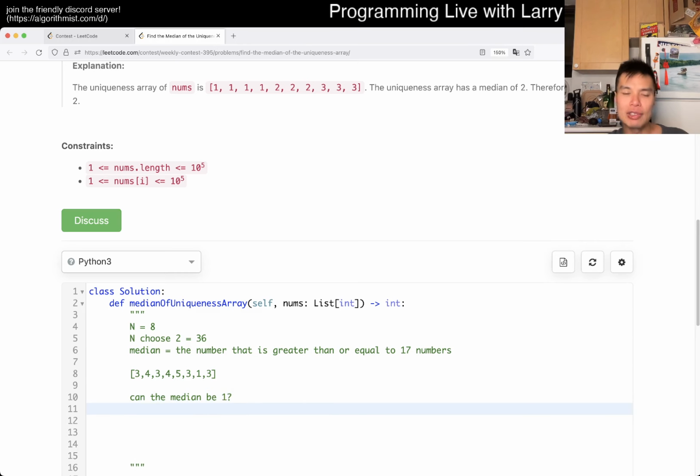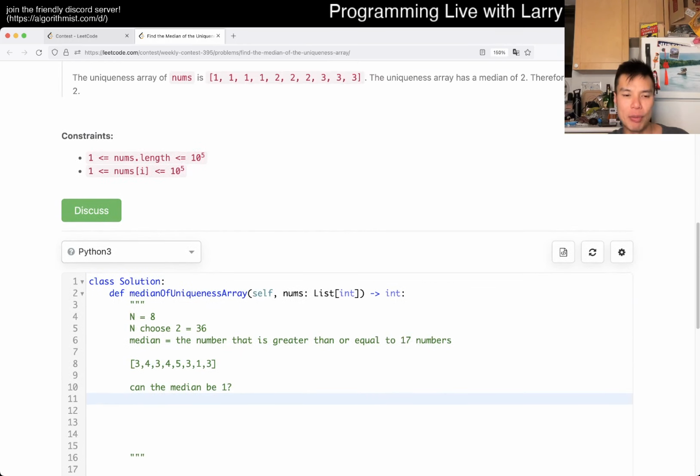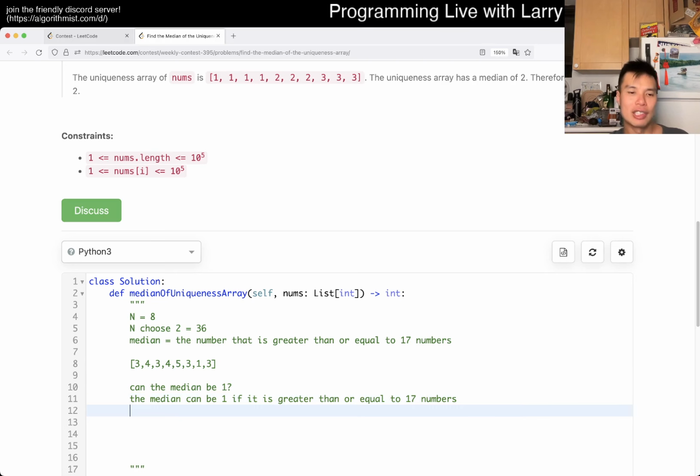Here we will try to calculate what it means for the median to be 1. There are a number of ways you can write this, but the median can be 1 if it is greater than or equal to 17 numbers or something. So now we have to calculate how many numbers it is greater than or equal to.